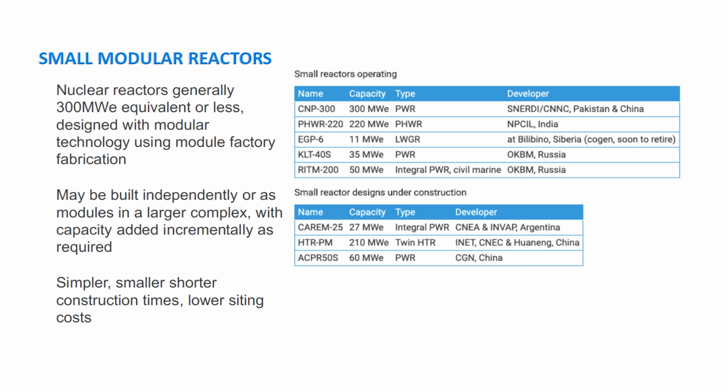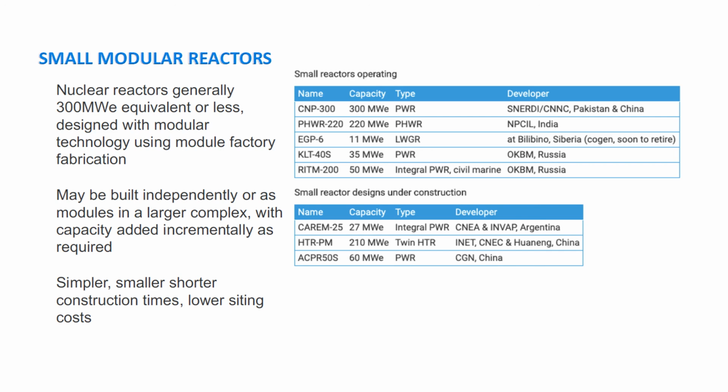Your SMRs may be built independently or as modules in a larger complex, with capacity added incrementally as required. These are simpler, smaller, with shorter construction times and lower siting costs compared to other reactors. And this may be a reactor that the Philippines can consider.